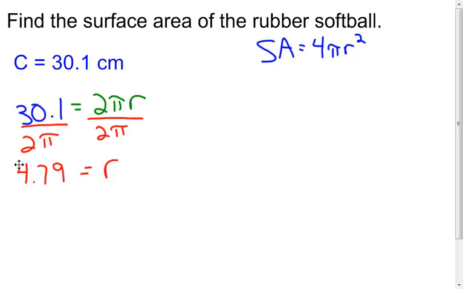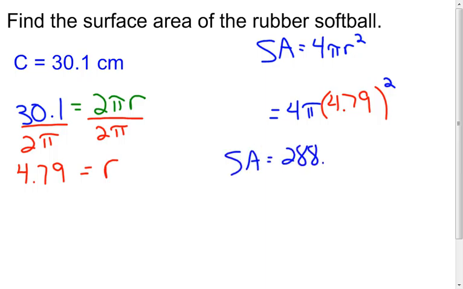Now that I have my radius, I can come back over to my surface area formula and plug it in. The surface area is going to equal 4 times pi times the radius that I just found, 4.79, squared. After punching all of that on my calculator, I find out that the surface area of my rubber softball is 288.39 centimeters squared.